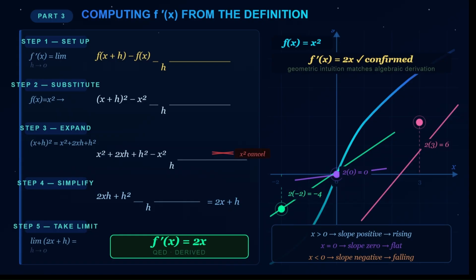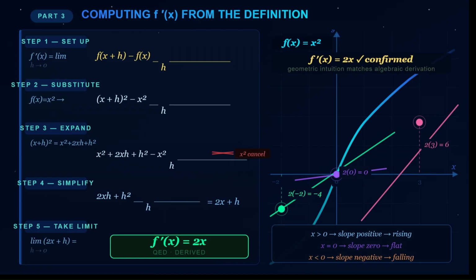Let us now work through the derivative of a simple function using the limit definition directly. Take f of x equals x squared. We want to find f prime of x. We start with the difference quotient, f of the quantity x plus h, minus f of x, all divided by h. Substituting, the numerator becomes the quantity x plus h, squared, minus x squared.